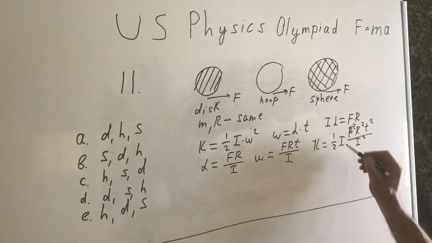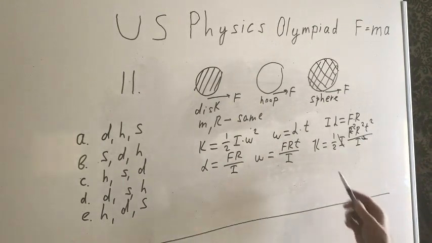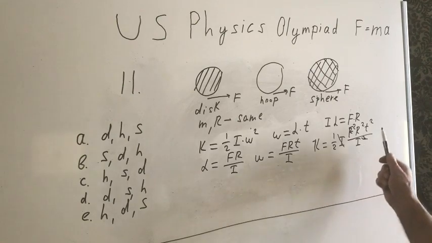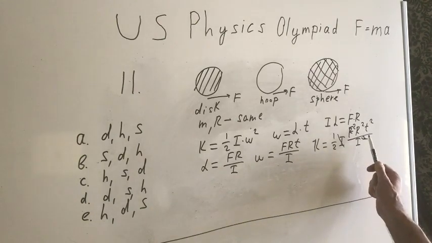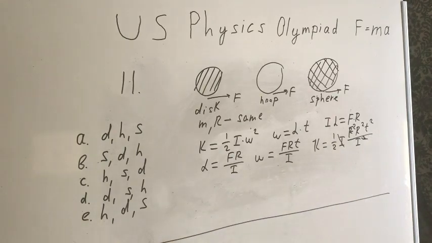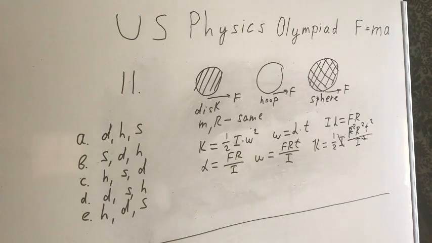So one I is cancelled, and we have kinetic energy equal 1/2 times the same expression for all of them on the top, and on the bottom we have different I. So for the greatest moment of inertia we have the least energy.